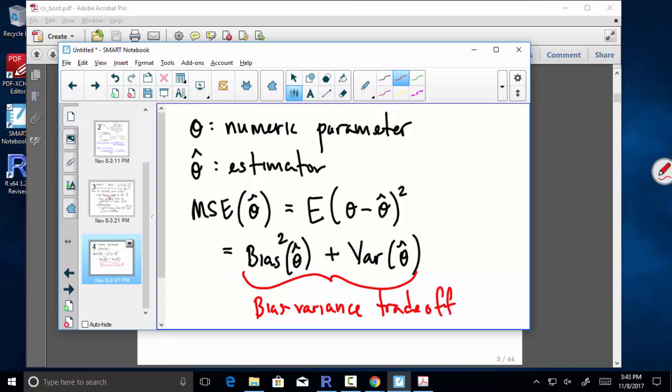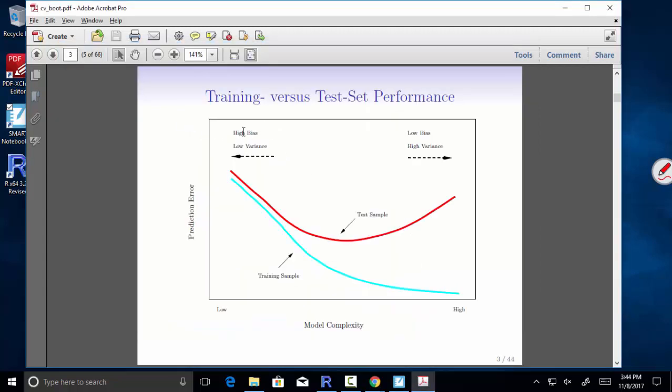Overall goodness of an estimator you can characterize with mean squared error. You can have low bias but still have high variance. You can have low variance but high bias. The best estimators will be ones that balance this well and are kind of low across both measures, bias and variance. That's what this is referring to here in the picture.